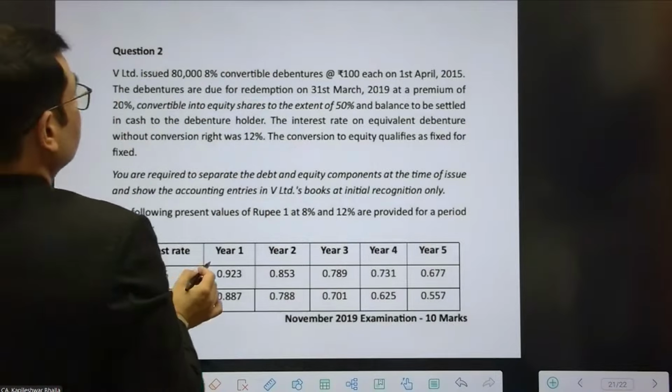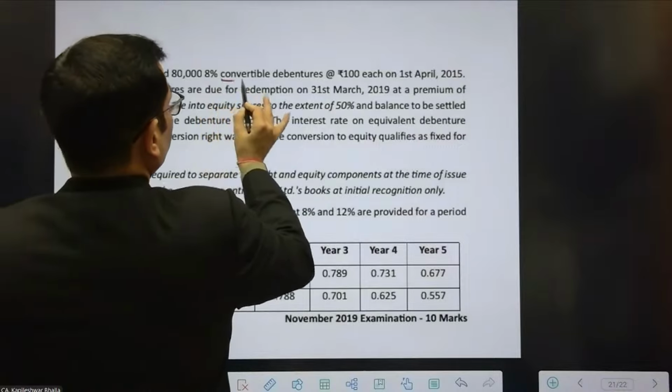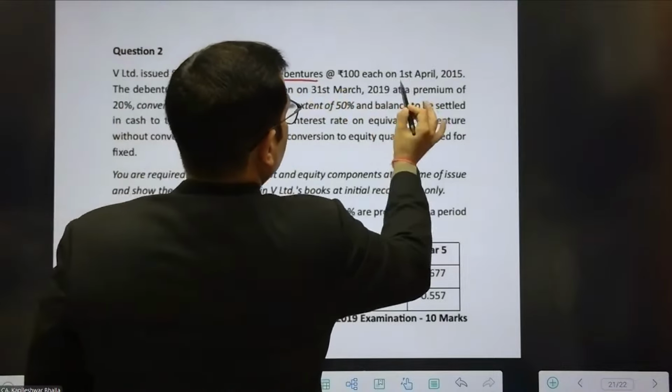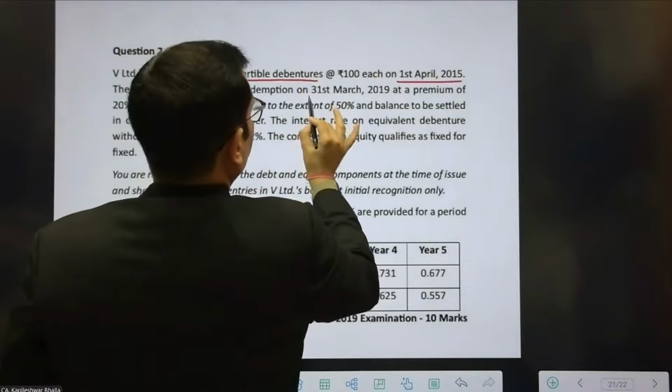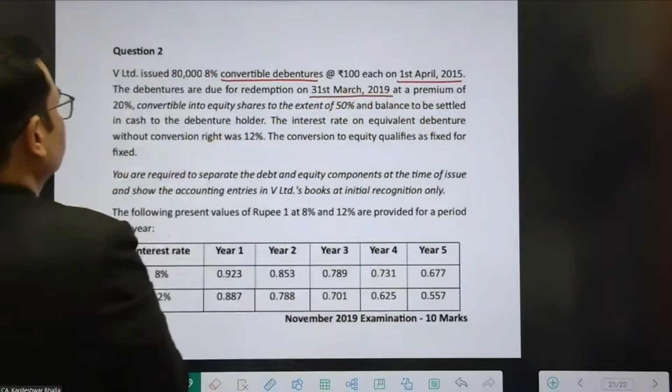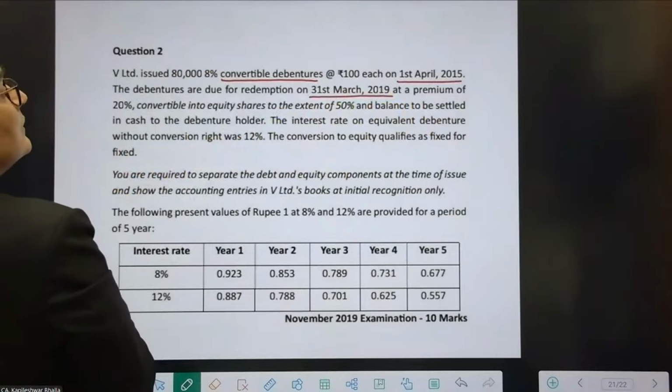It says we issued a convertible debenture on 1st April 15, and the debentures are due for redemption on March 19, 4 years, at a premium of 20%.